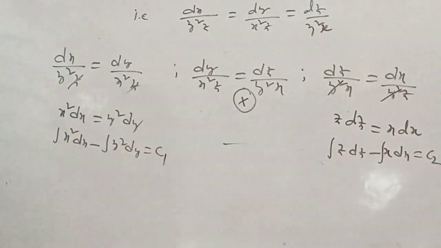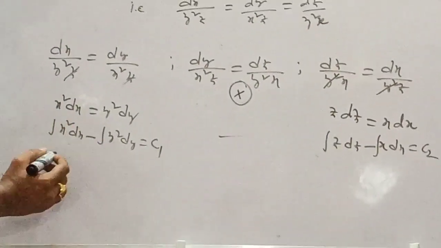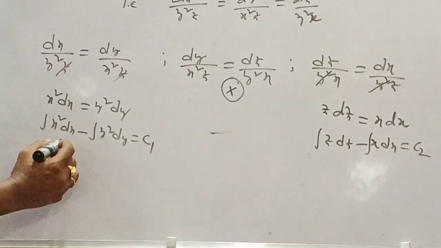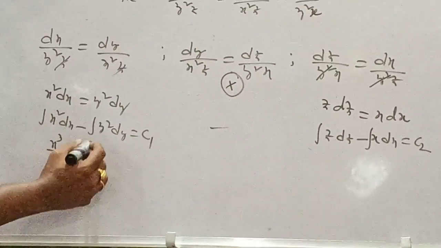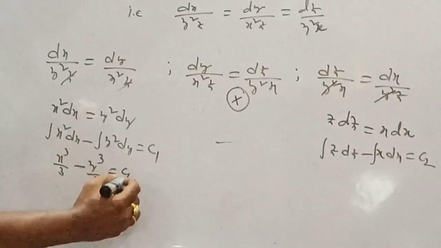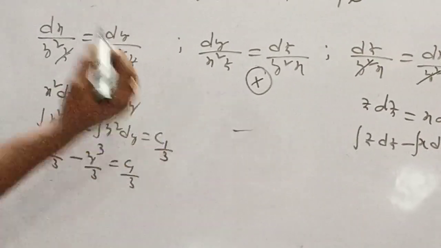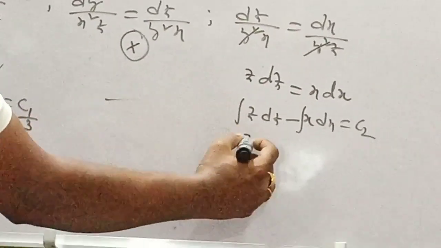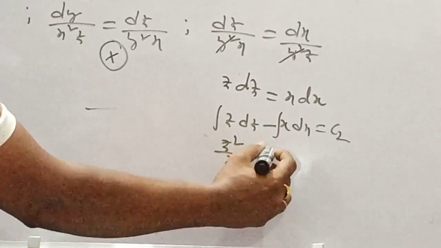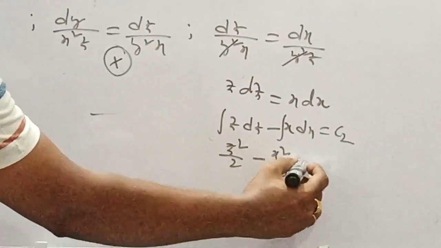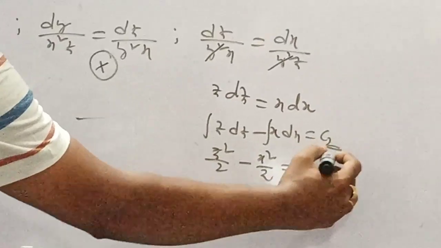So the integral of x square is x cube by 3 minus y cube by 3 equal to c1 by 3. Take c1 by 3 here. So this is z square by 2 minus x square by 2 equal to c2 by 2. Take c2 by 2.